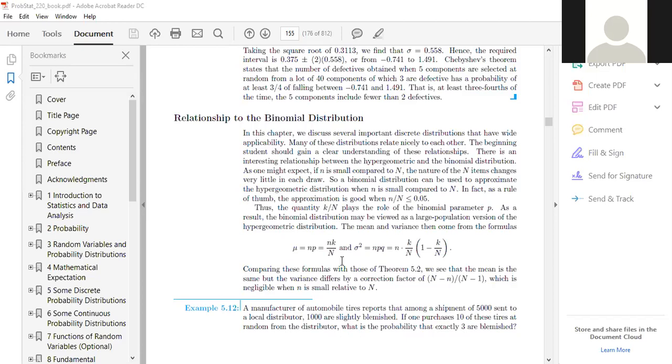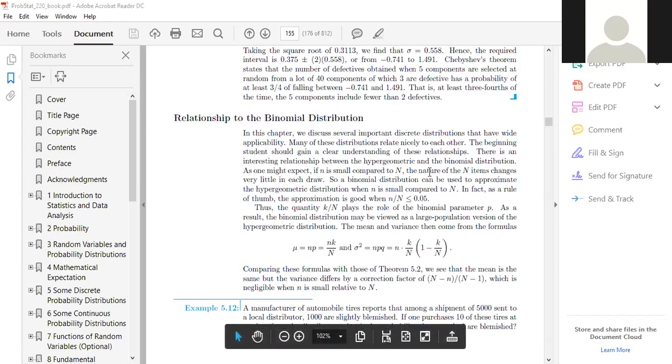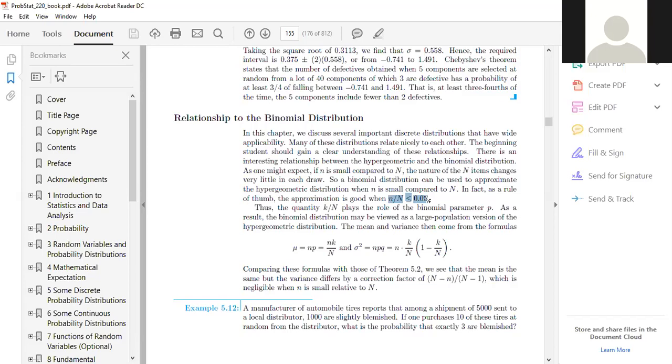Capital N is an extremely large number, and if you are taking a very small number for n, your sample, then the binomial distribution can be used to approximate the hypergeometric distribution.